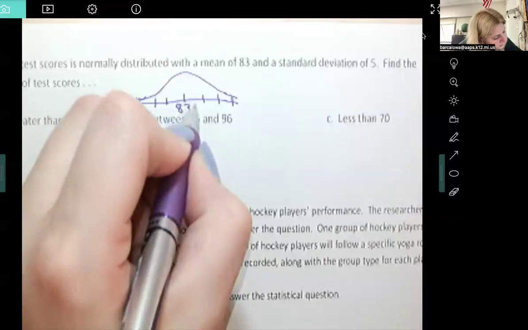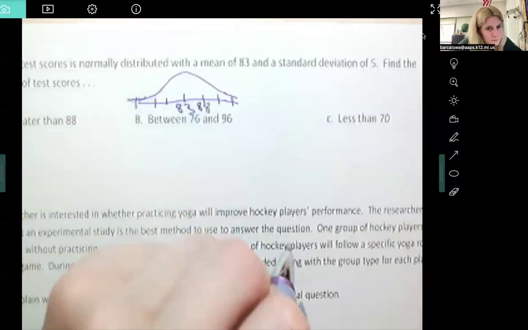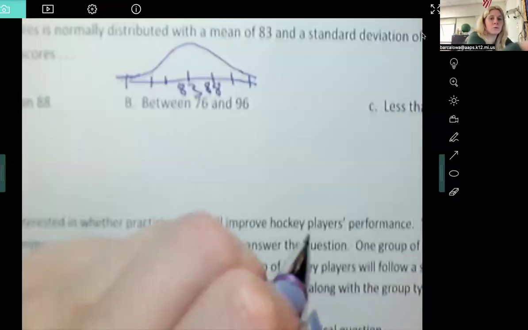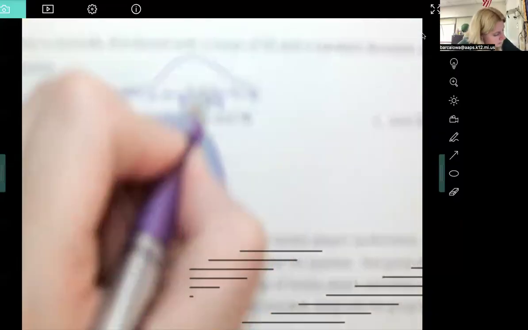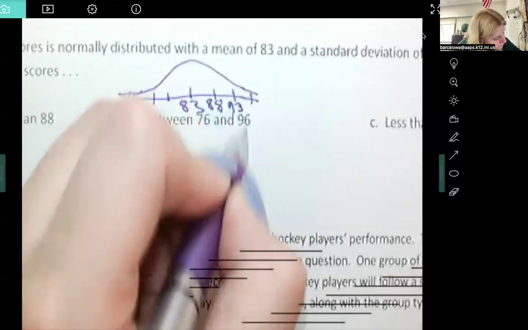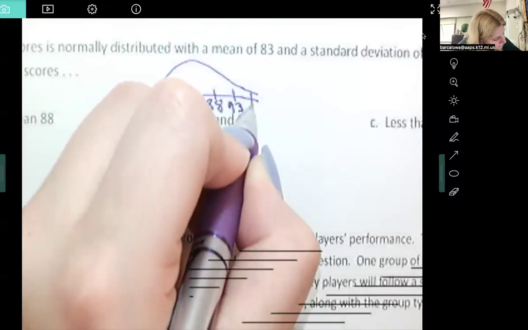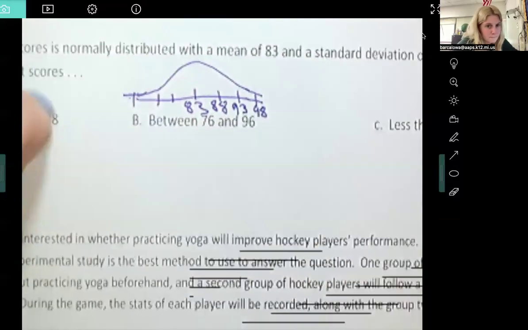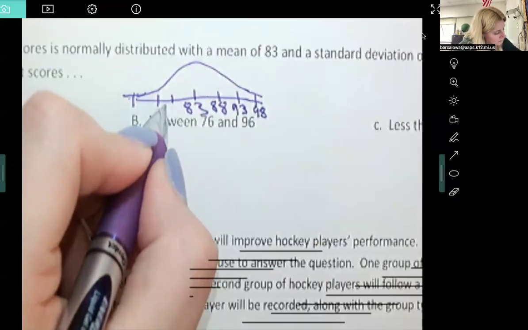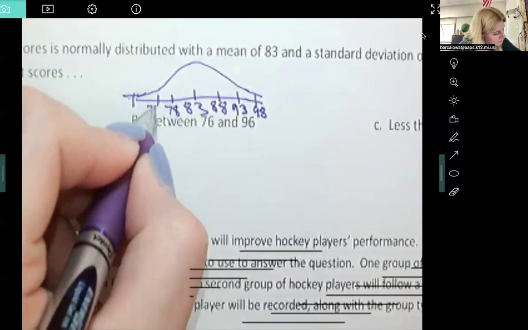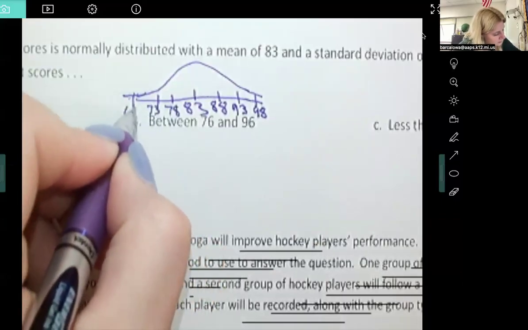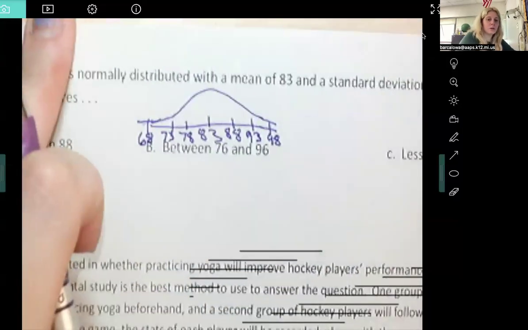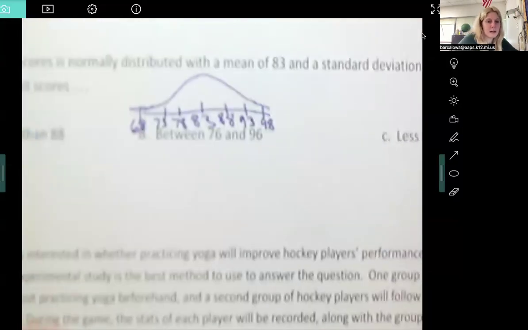Plus 5 would be 88. Plus 5 more, 93. And then 98. Minus 5 would be 78. 73. 68. Okay, so those are kind of the values that I have in mind.